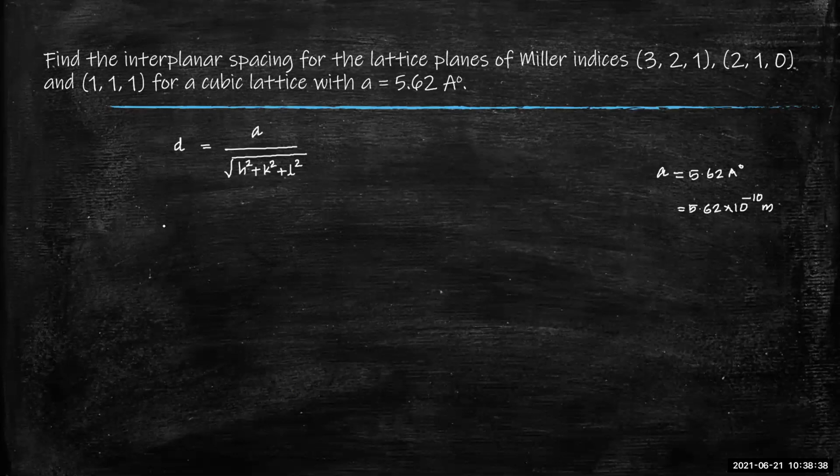First we have to find D321. Then it must be equal to, the value of A is 5.62 into 10 raised to minus 10 divided by root of 3 square plus 2 square plus 1 square.